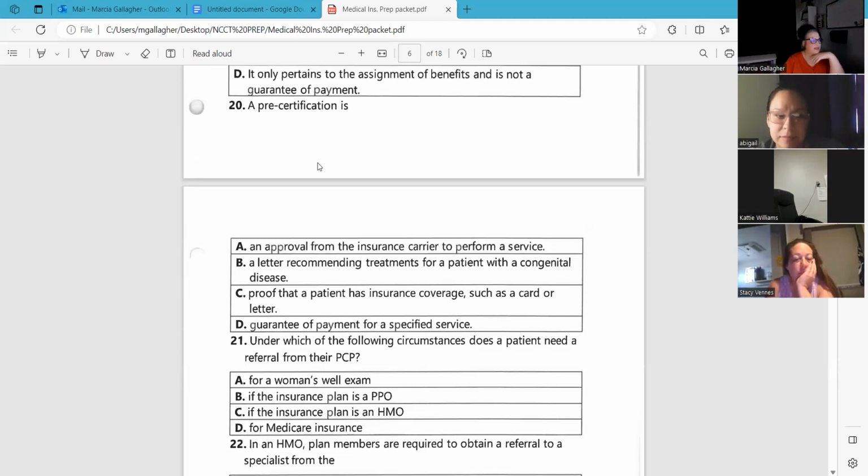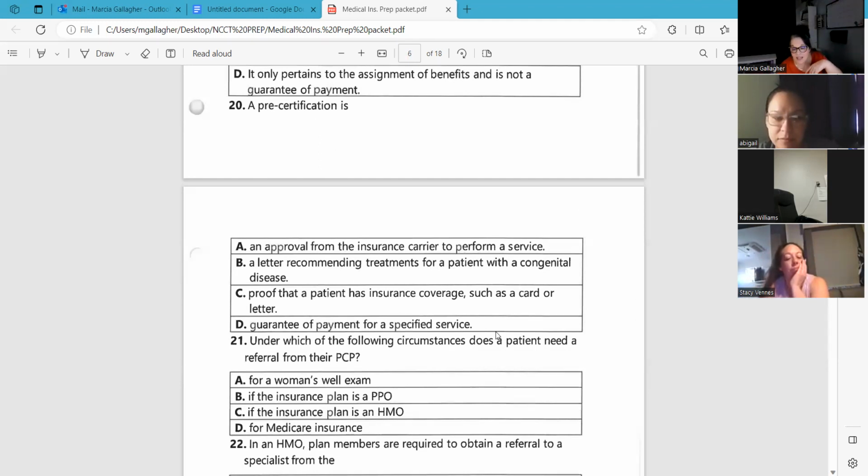Okay, so number 20. A pre-certification is: A, an approval from the insurance carrier to perform a service; B, a letter recommending treatments for a patient with a congenital disease; C, proof that a patient has insurance coverage such as a card or letter; D, guarantee of payment for a specified service.